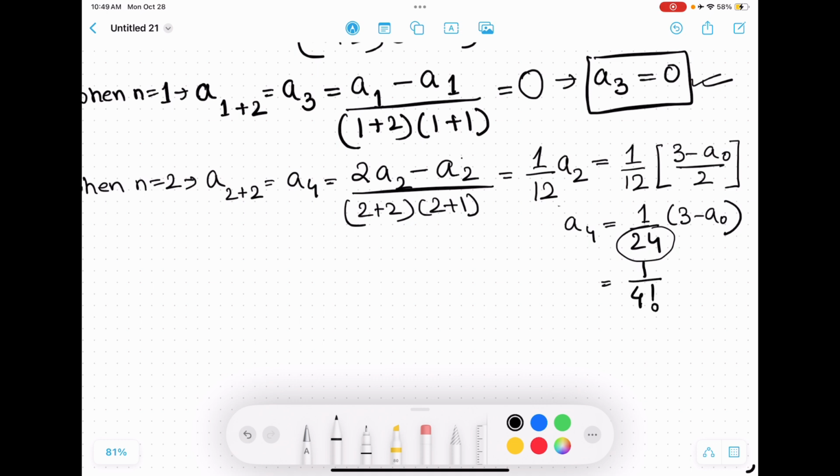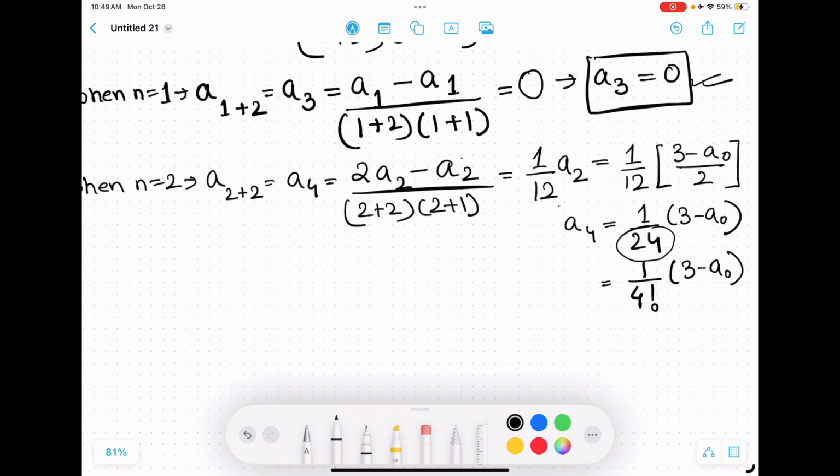1 by 4 factorial times 3a sub 0, right? Now, I don't know why I have this factorial right now, but the thing I like to do is just to see the possibilities, right?